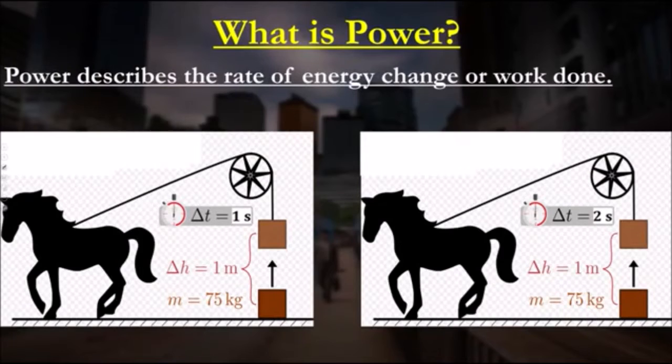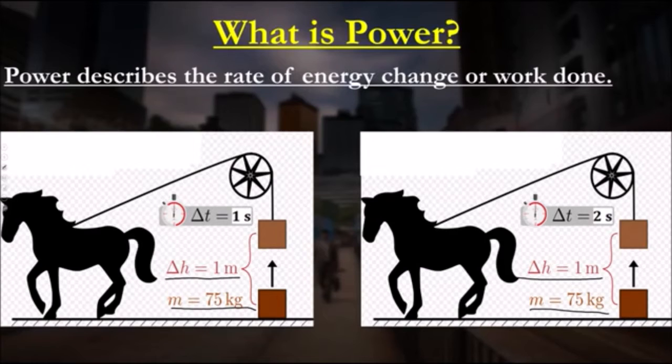Okay. If we compare the pair again here, we have two horses. Doesn't really matter how heavy the horse is at the moment. That's besides the point of our situation. We have two weights, the exact same mass. They're going to be lifted and displaced by 1 meter each.